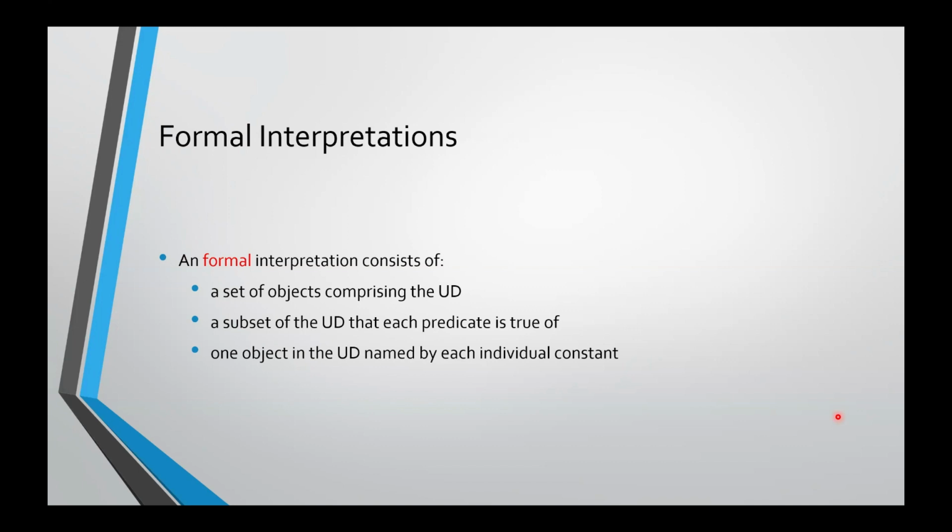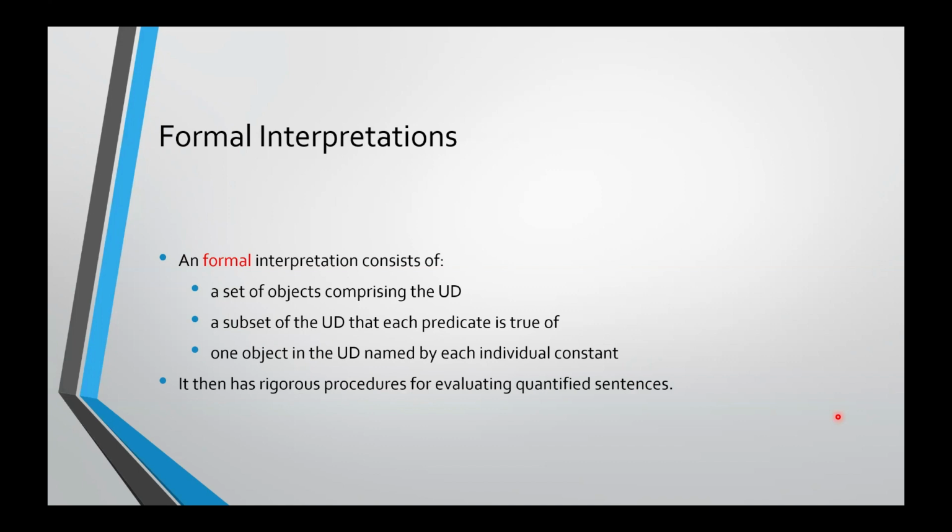So we specify a set of objects that makes up the UD, and for each predicate, we specify a subset of the UD that each one is true of. So we don't worry about what the predicates mean. We're only concerned with which objects in the UD they are true of. Then, once we have this, the formal interpretation has very rigorous procedures for evaluating quantified sentences. In an informal interpretation, these are kind of looser.